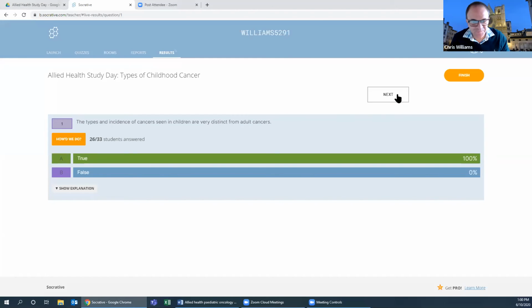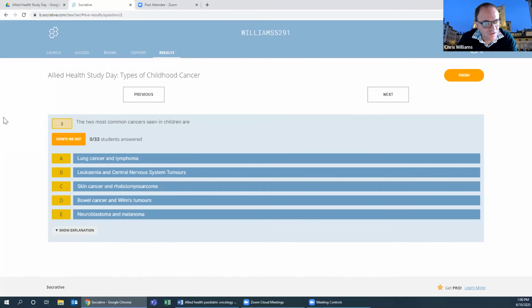Next question, Georgia. So the 2 most common cancers seen in children. Okay, how'd we do? Lovely. So leukemia and CNS tumours.